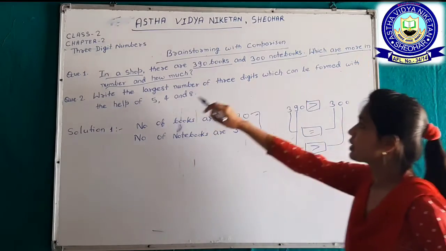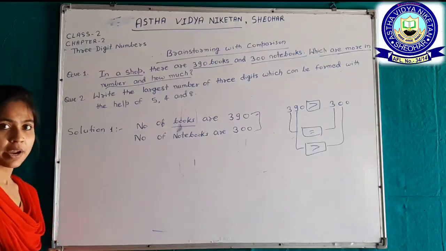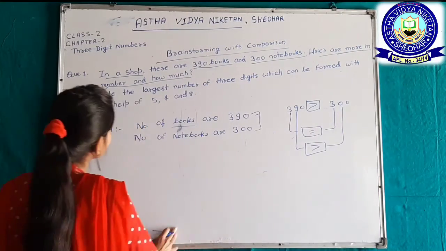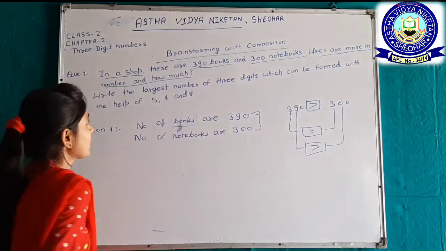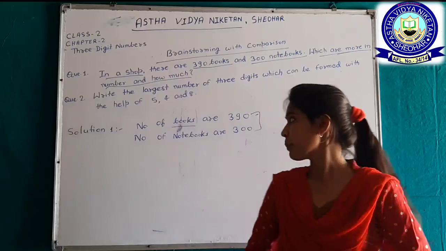Which are more in numbers? Books are more in numbers. And now you have to find out by how much. So you have to draw a table to find out by how many books are more in numbers.